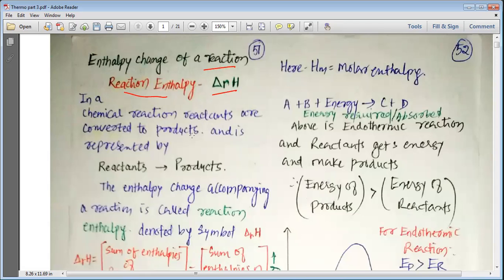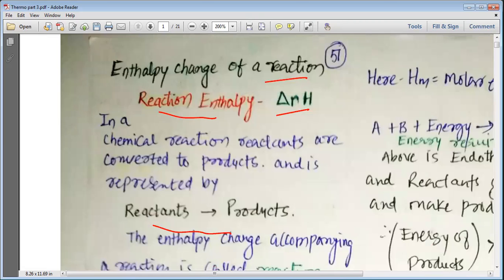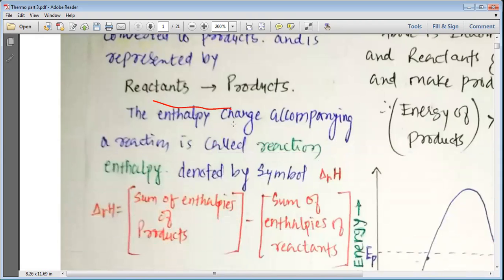In a chemical reaction, my dear students, reactants are converted to products, and it is represented in the form of a chemical reaction: reactants give products. The enthalpy change accompanying a reaction is called reaction enthalpy.